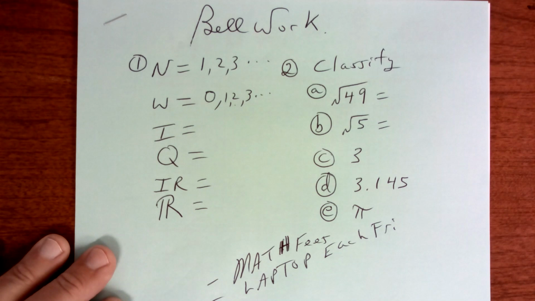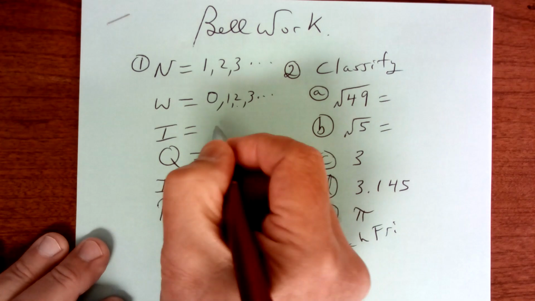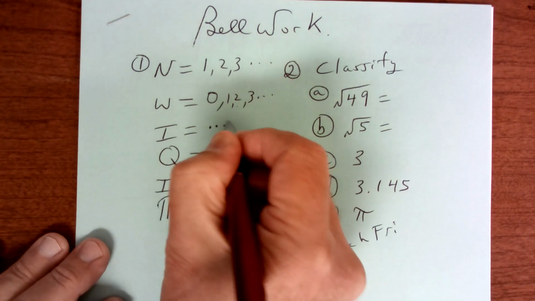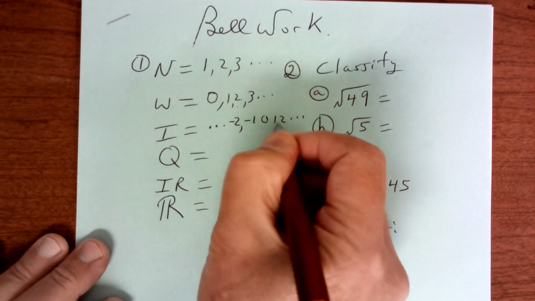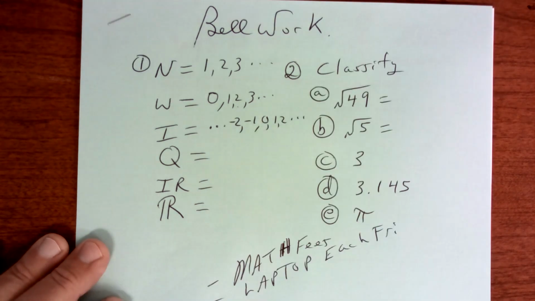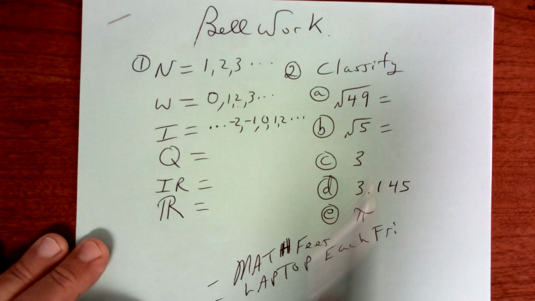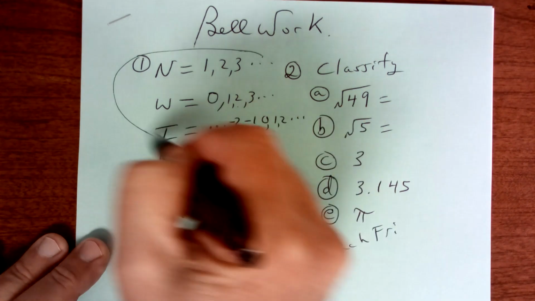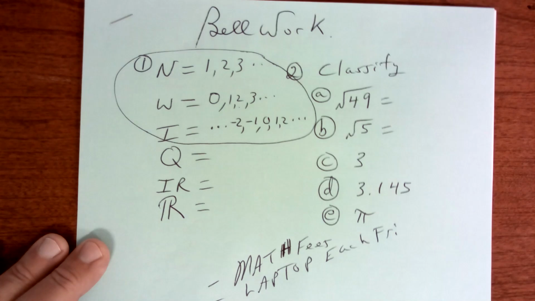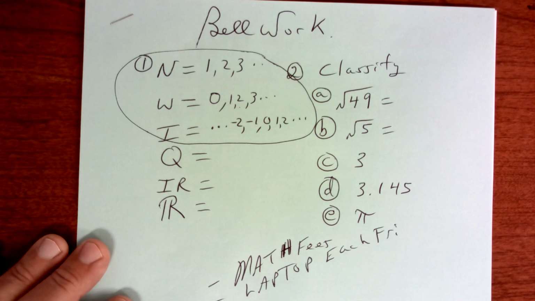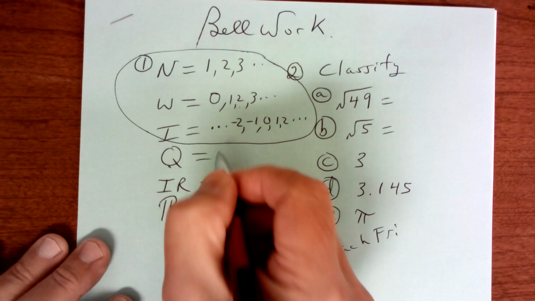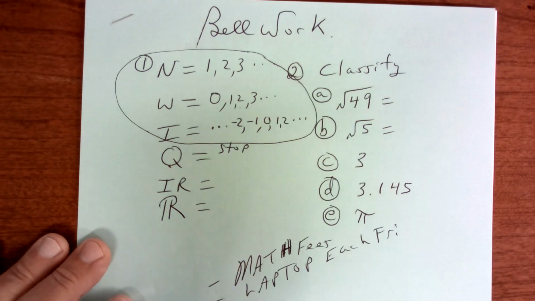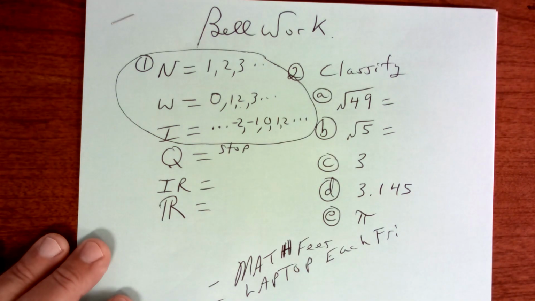Integers are your negative numbers, and 0 and your positive numbers. Notice there's no decimals here. A rational number stops, terminates, or it repeats.